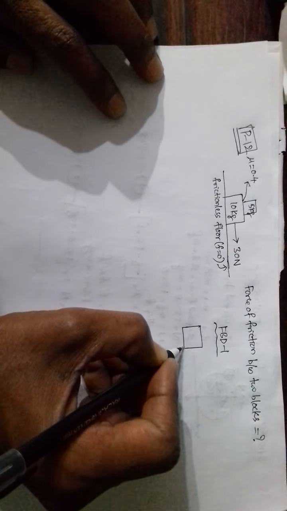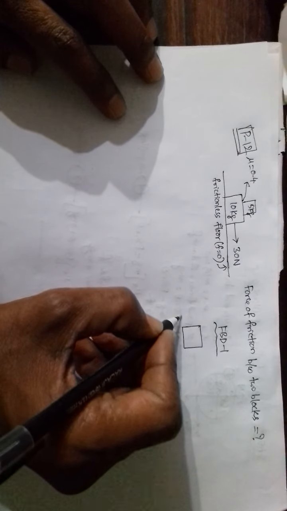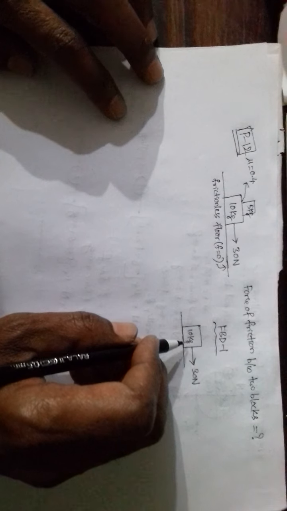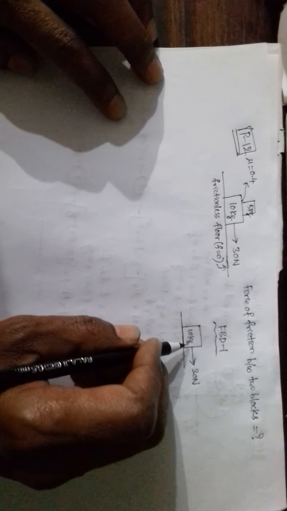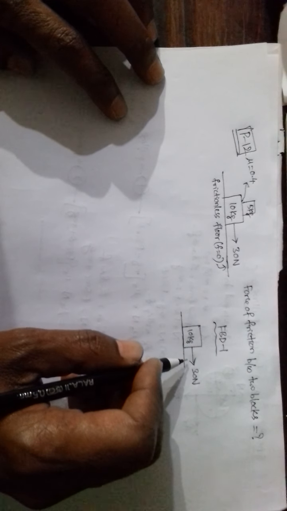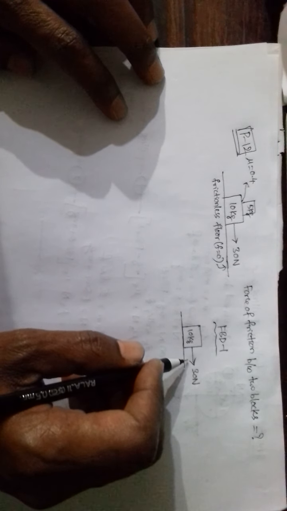Let us consider the large block, 30 newtons, 10 kg. Since 10 kg is moving to right hand side, naturally frictional force works in opposite direction.